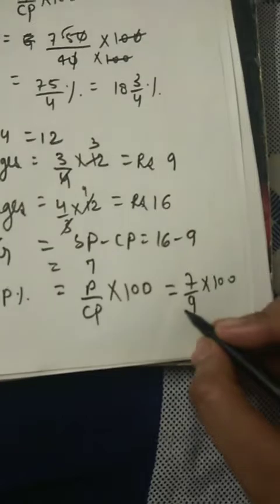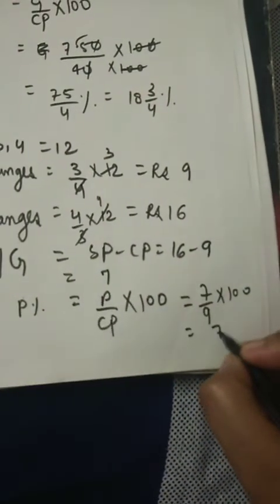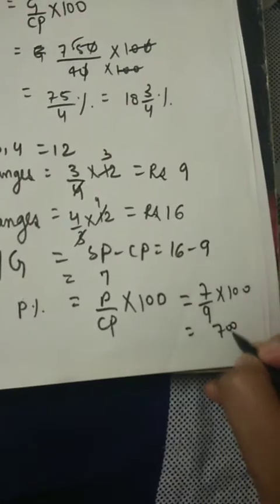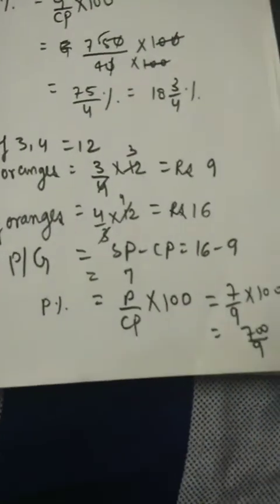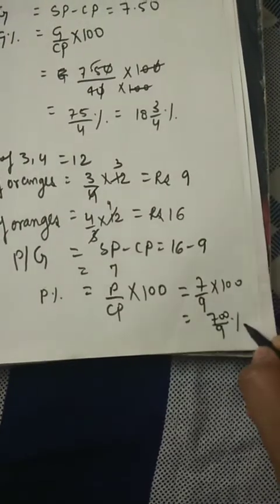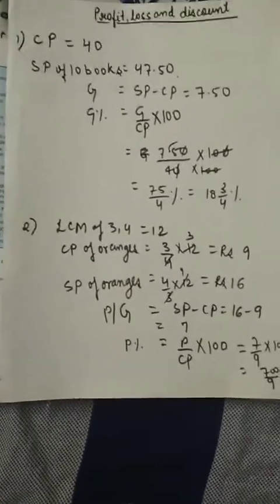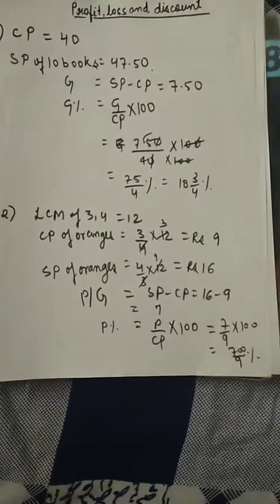Now you can solve this on your own. It will be 700 upon 9%. You have to change this into a mixed fraction by yourself. So this is the way we are going to solve question number 2.